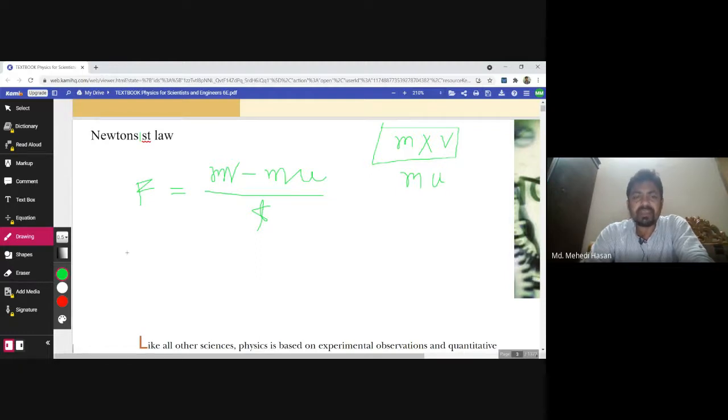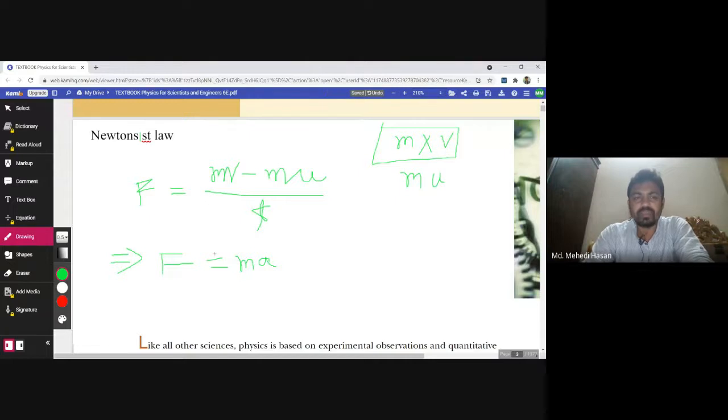Then finally, the force F will be equal to ma, because m is common here. So F equals ma. This is basically the final mathematical equation of Newton's second law.